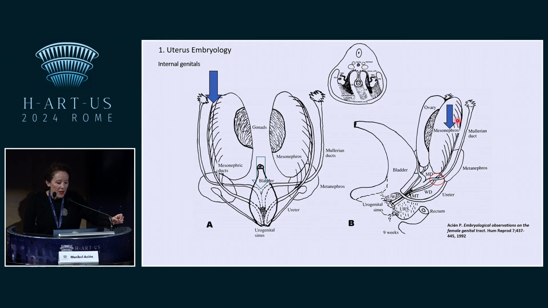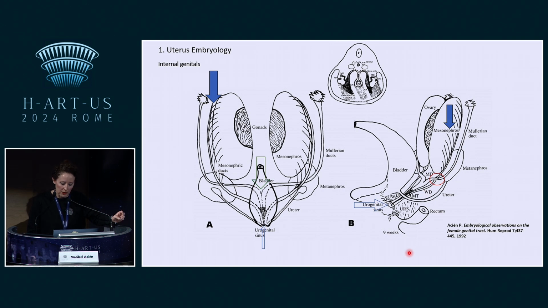So the paramesonephric or Müller duct remains open into the coelomic cavity, descends parallel and external to the Wolffian duct, then crosses it ventrally and unifies with the one of the other side in a midline Y-shaped structure that is the uterine primordium, but without reaching the urogenital sinus.